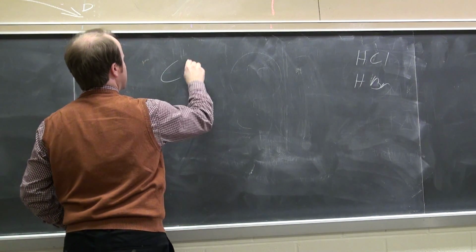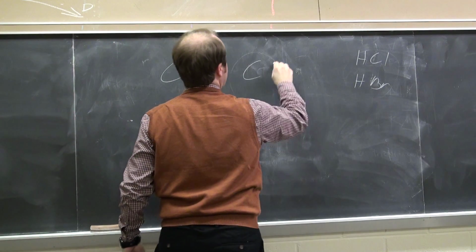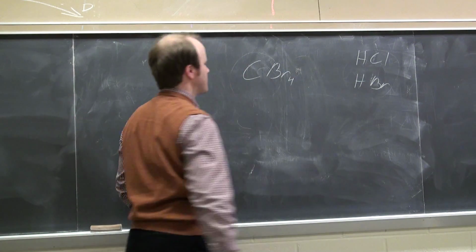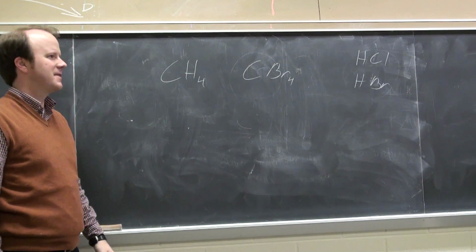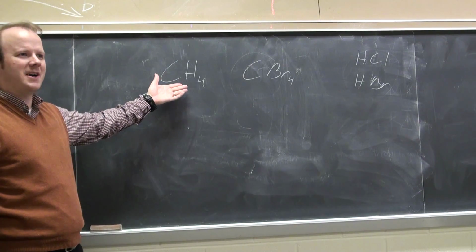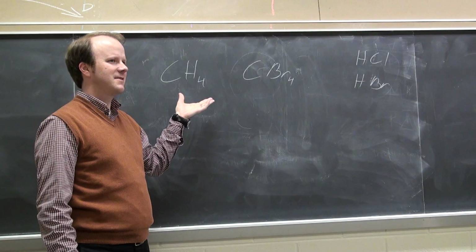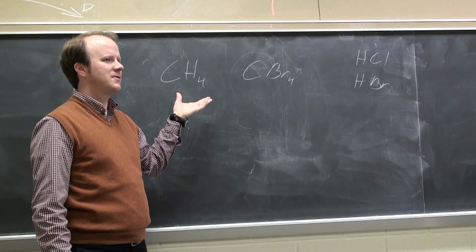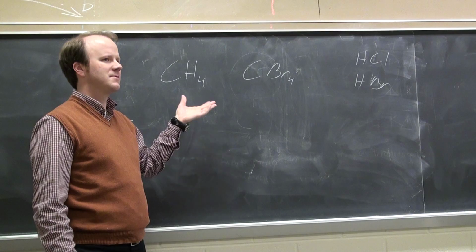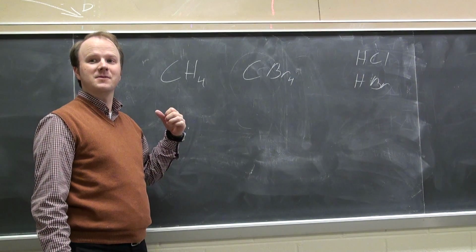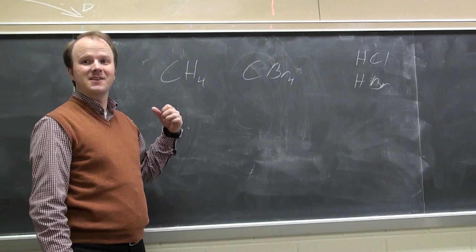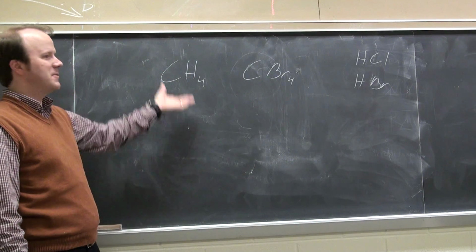Methane. Which one's more volatile? Methane's more volatile. Why? It has less mass, so it has smaller dispersion forces. Methane has a lower boiling point, which means it's more volatile.